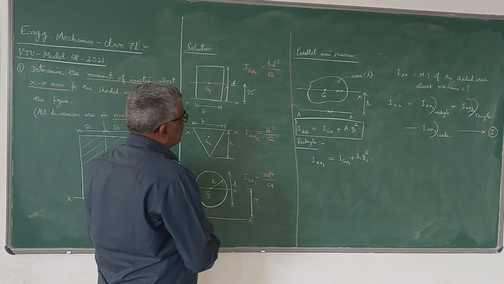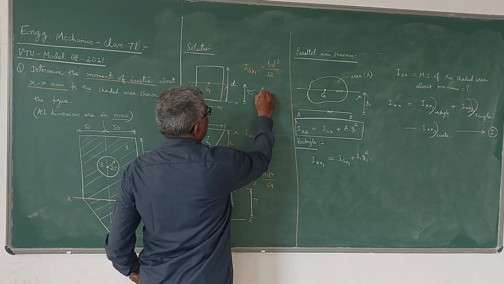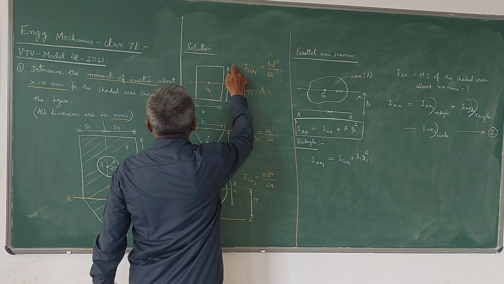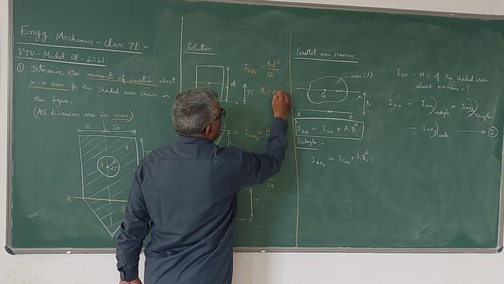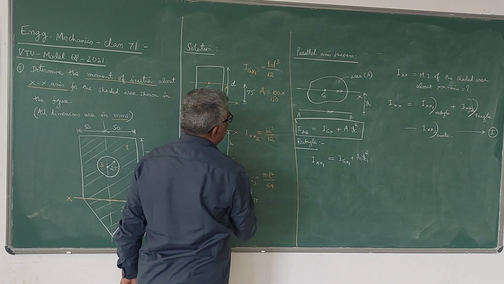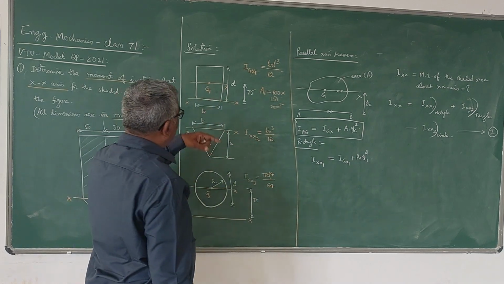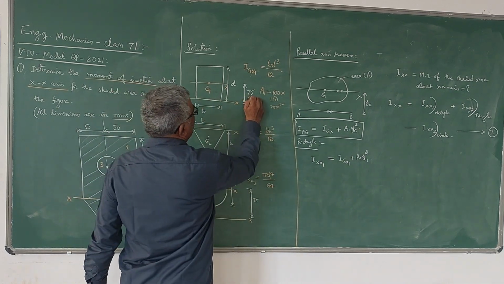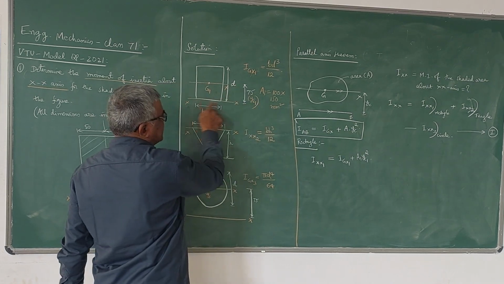Now what is the area of this rectangle? A1 is here 100 by 150, so B is 100 and D is 150. This is the area, in millimeter square. Now what is the value of YC1? YC1 is 75, the distance between the centroidal axis and the x-axis.